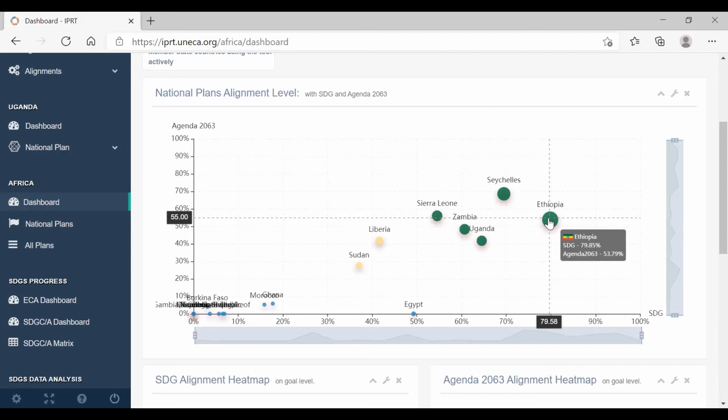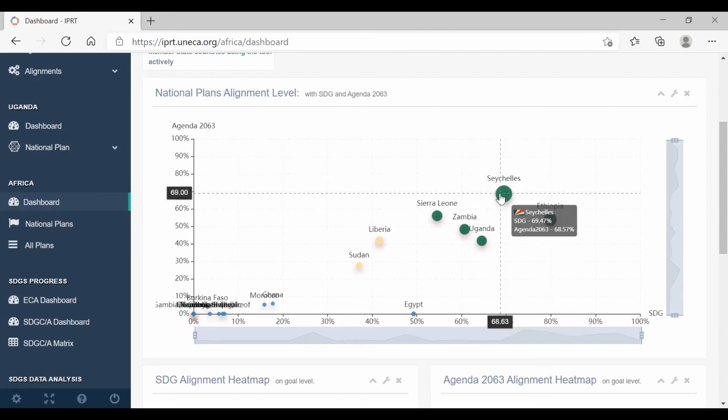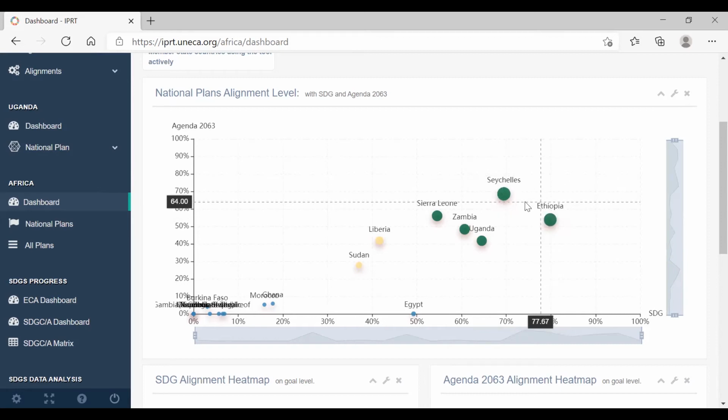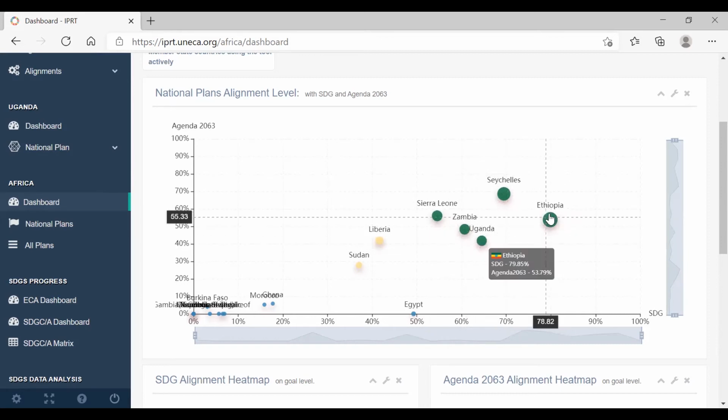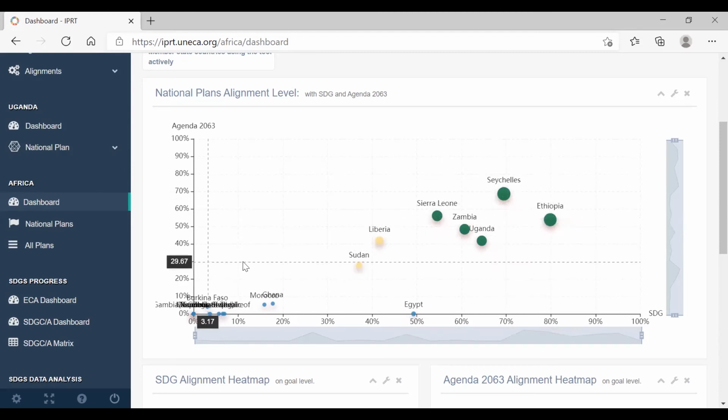and Agenda 2063. For example, Seychelles, that is SDG 69% aligned, Agenda 2063, almost 69% aligned. The same is, for example, Zambia, Uganda, Ethiopia, and Sierra Leone as well. There are other countries with a low level of integration or alignment.